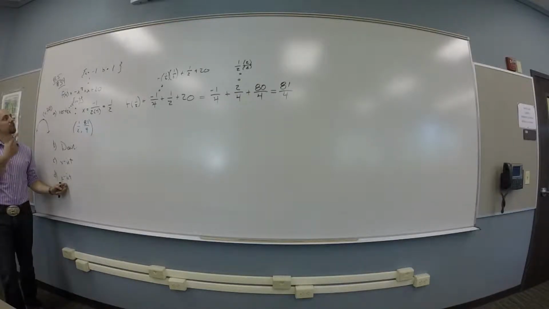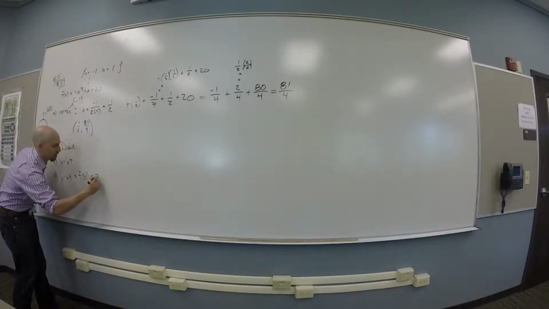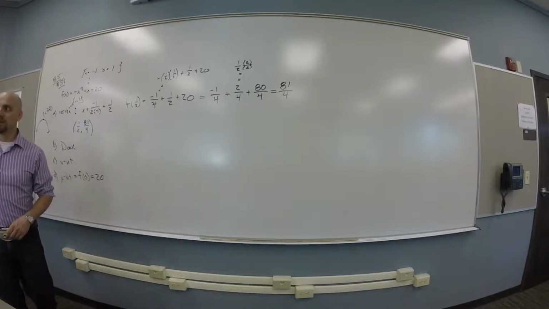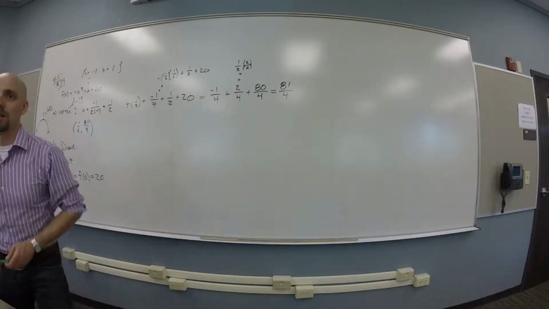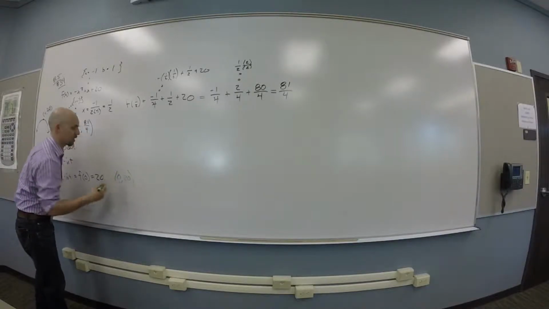So what do you get when you plug 0 into F? 20. So this is F of 0, this is 20. And if you wanted to, you could express this as a point. What would the point be? 0, comma 20.